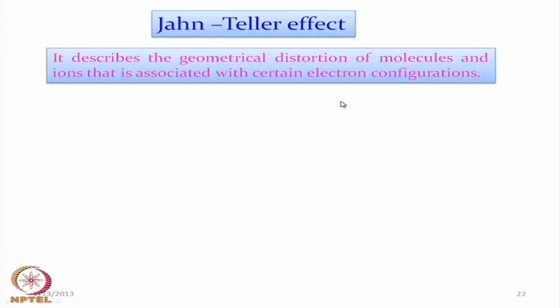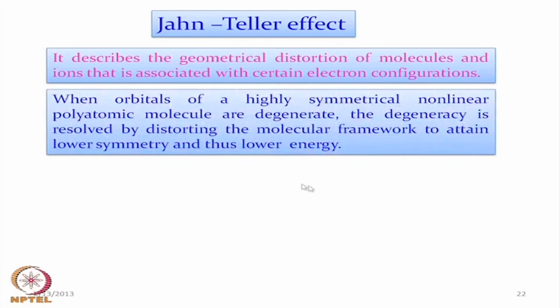So far we have discussed the distortion first, then on the basis of those distortions we looked at the corresponding electronic configurations. Now we see that this JT effect or Jahn-Teller effect is only operative for certain electronic configurations, which are sensitive to this particular effect.